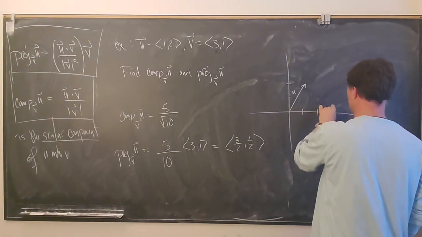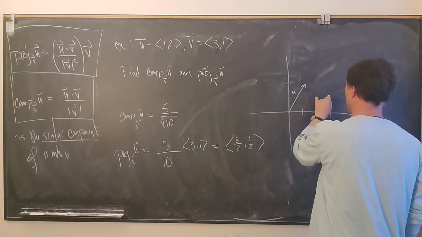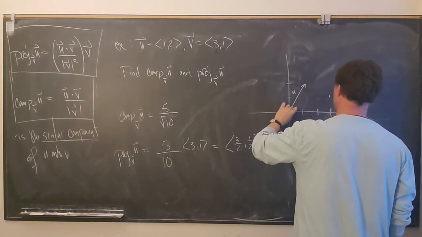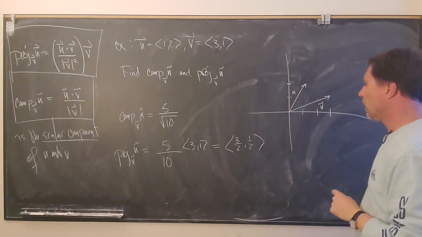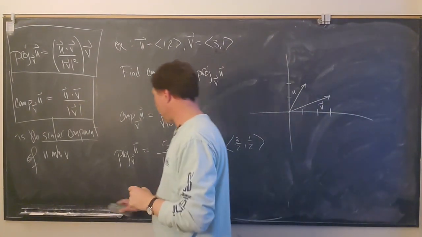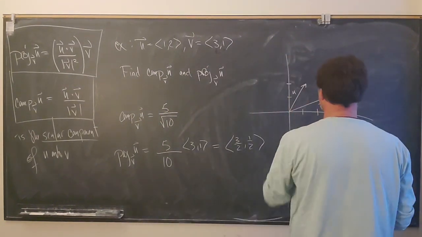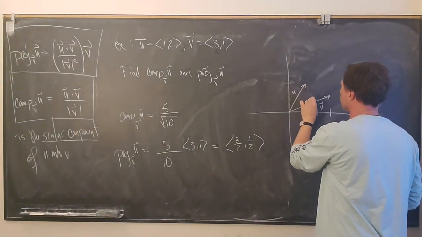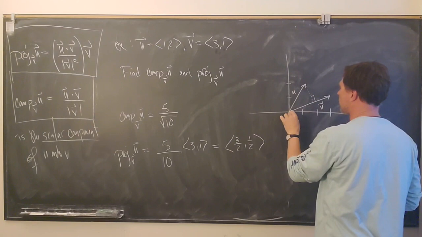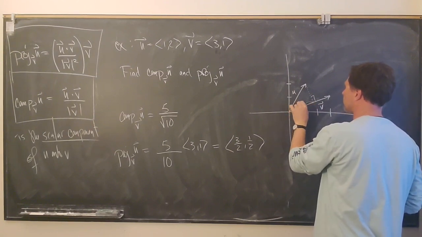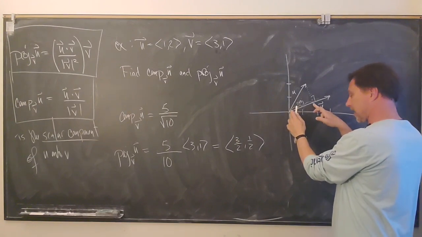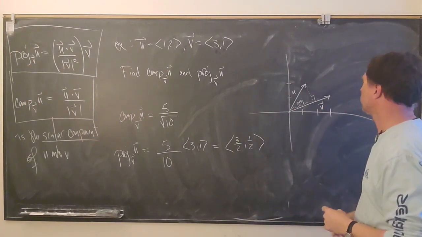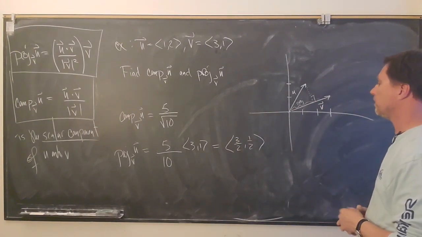Then I'm going to go over 3 up 1. There's my vector v. So the projection of u onto v is that vector right there. So that's the projection. And then the component is its length.